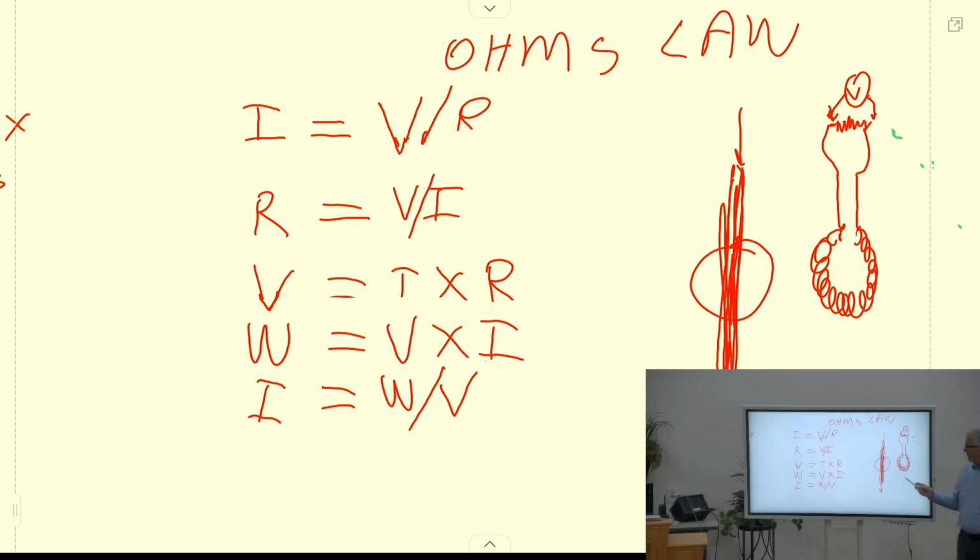Now, in order for this to work, what was that one other thing we said electrons have, having to do with the spin? Magnetism. The only reason this works is because of magnetism.